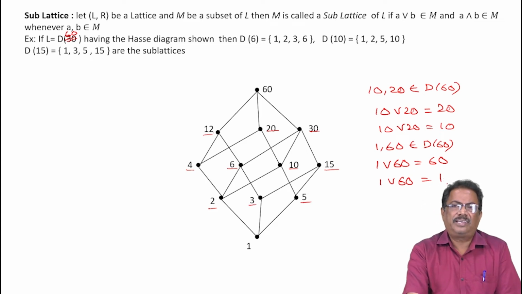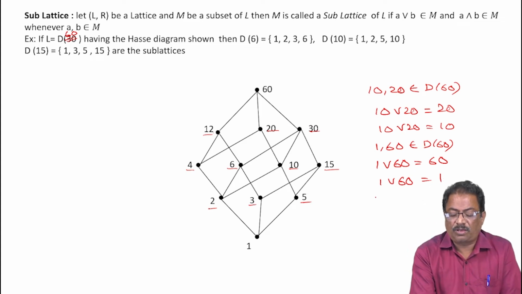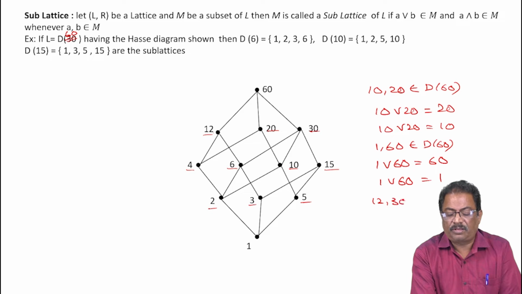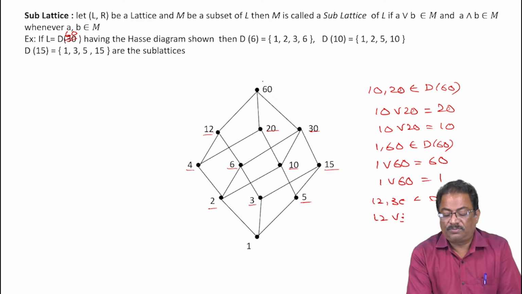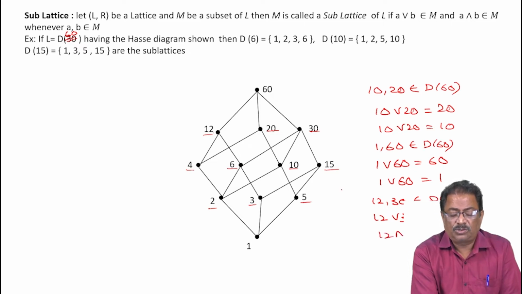So like that you take any pair, 12 and 30 if you consider in D60, then the least upper bound of 12, 30 is nothing but 60, and the greatest lower bound of 12, 30 is 6.